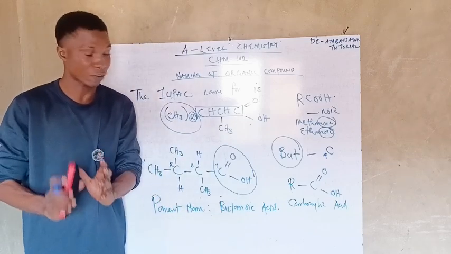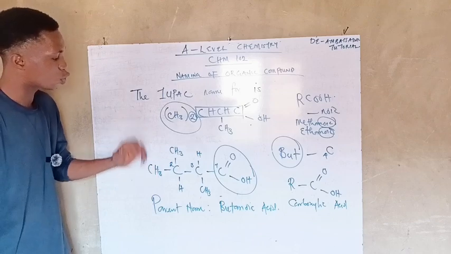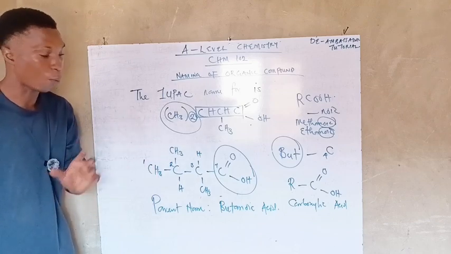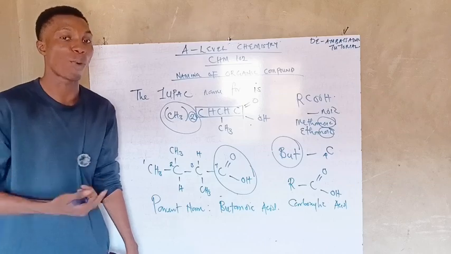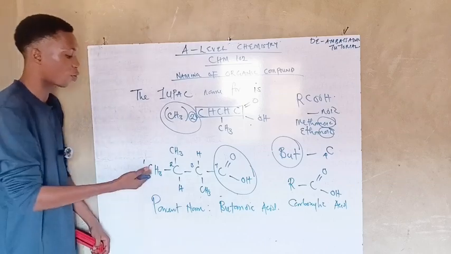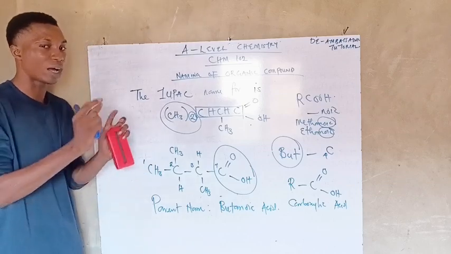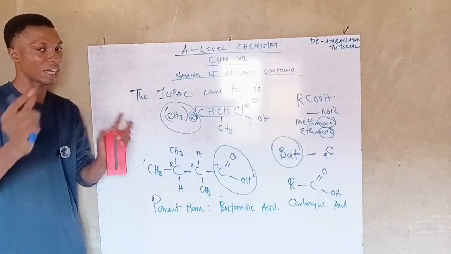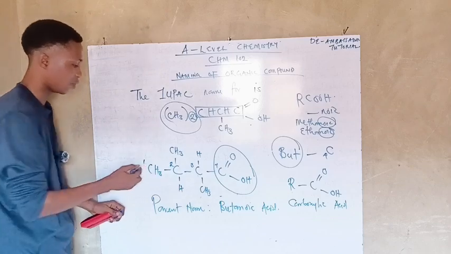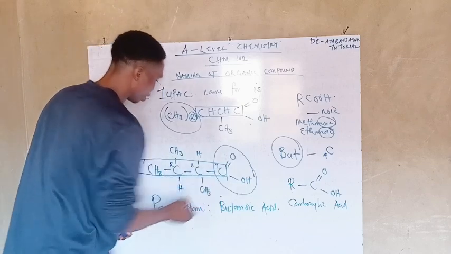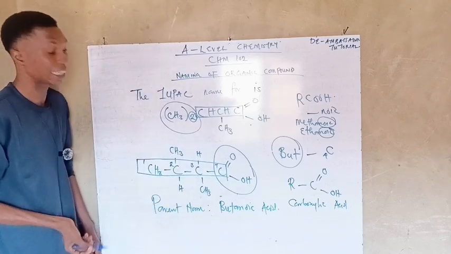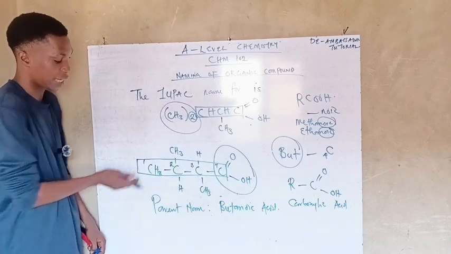We're not done. We still have something to do, in the sense that, do we have substituents? Now, what is a substituent? Substituents are atoms or groups of atoms attached to the organic compound, not affecting the carbon chain. That means, if you look at this carefully, this is what I actually call the longest carbon chain. So what other things do you see attached to that compound that's not really affecting it?